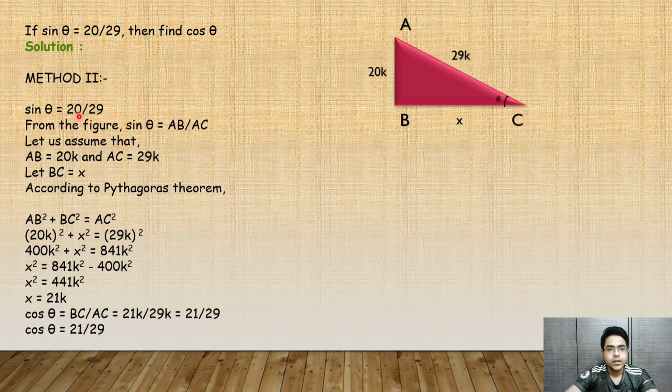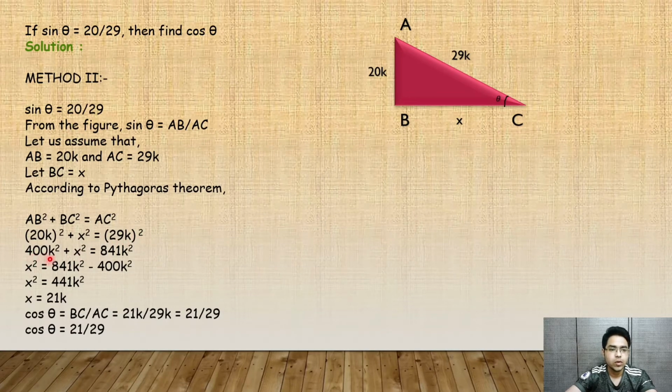So sine theta will be equal to 20 by 29. From the figure we know that sine theta is equal to AB by AC. See here, AB by AC. This is the opposite side and this is the hypotenuse. Let BC be equal to x. According to Pythagoras theorem, AB square plus BC square is equal to AC square. Therefore (20k) square plus x square will be equal to (29k) square.